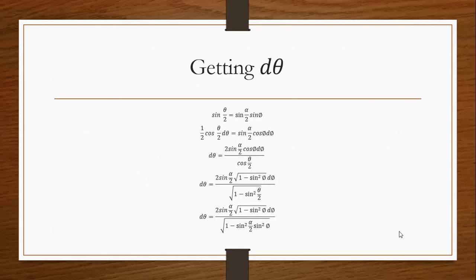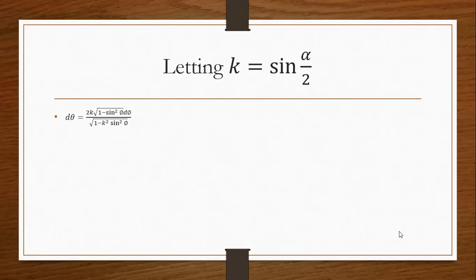Transforming sine squared theta over 2 again, we get d theta equal to 2 sine alpha over 2 times the square root of 1 minus sine squared phi d phi over the square root of 1 minus sine squared alpha over 2 times sine squared phi. Letting k be equal to sine alpha over 2, since it's just a constant, d theta is equal to 2k times the square root of 1 minus sine squared phi d phi over the square root of 1 minus k squared sine squared phi.